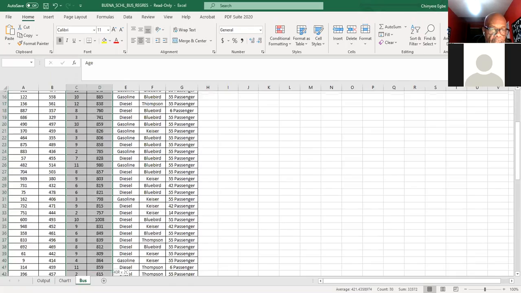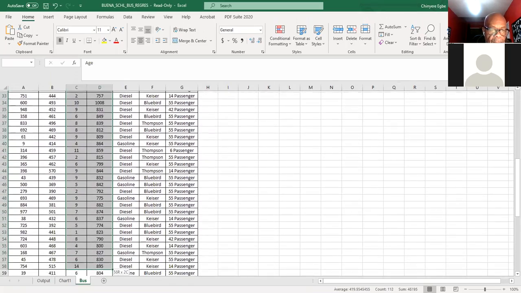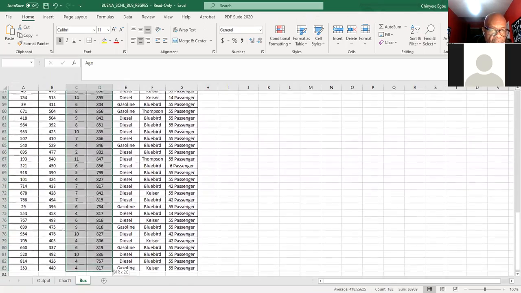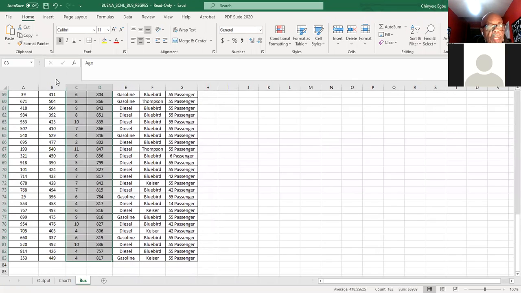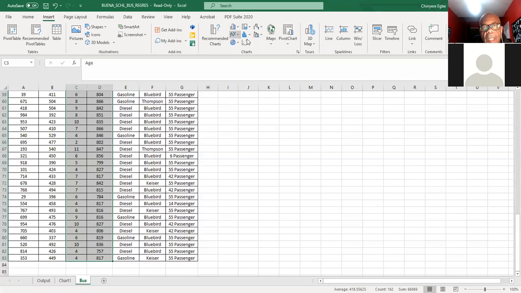Mileage and age, another example. The older the bus, the more mileage you put on it.